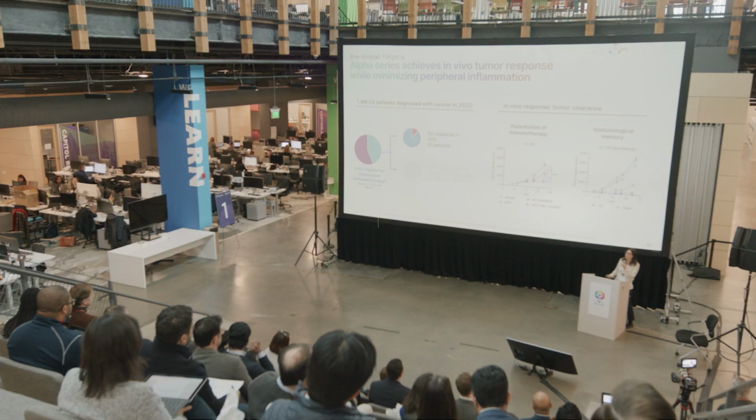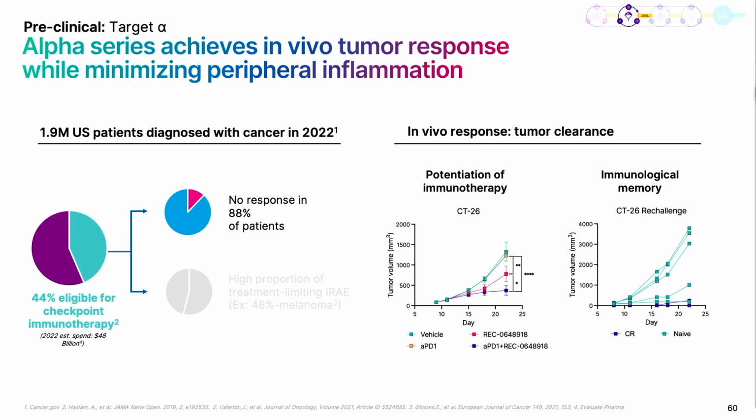And as you expect, here for the vehicle and the anti-PD-1, you see really no effect on tumor volume. But now we're starting to get excited because we see a monotherapy effect for our compound with an actual improvement when given in combination with anti-PD-1.